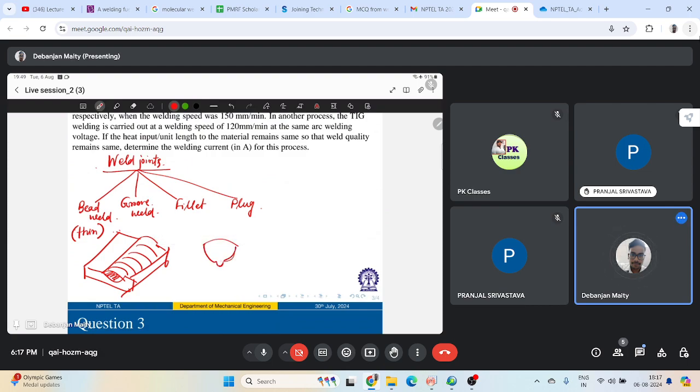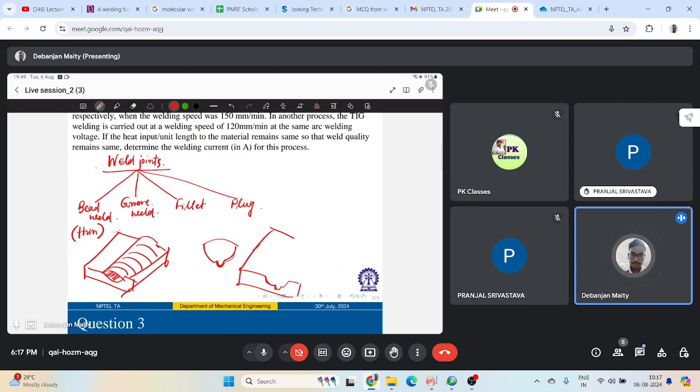You make some kind of groove, making use of the complete thickness of the material. And these can often be prepared with oxyacetylene flame cutting.